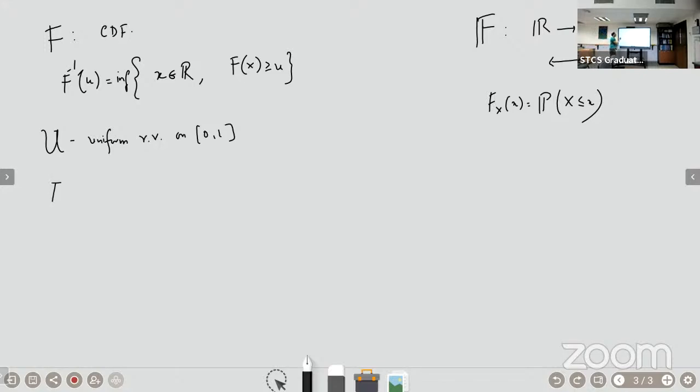I want you to find out the distribution of F inverse U, where U is capital U. We use a random variable. F becomes nothing but a map. So this itself is a random variable. For the moment, we are not worried about measurability, but let's know that this itself is a random variable. What is the distribution function of F inverse U?